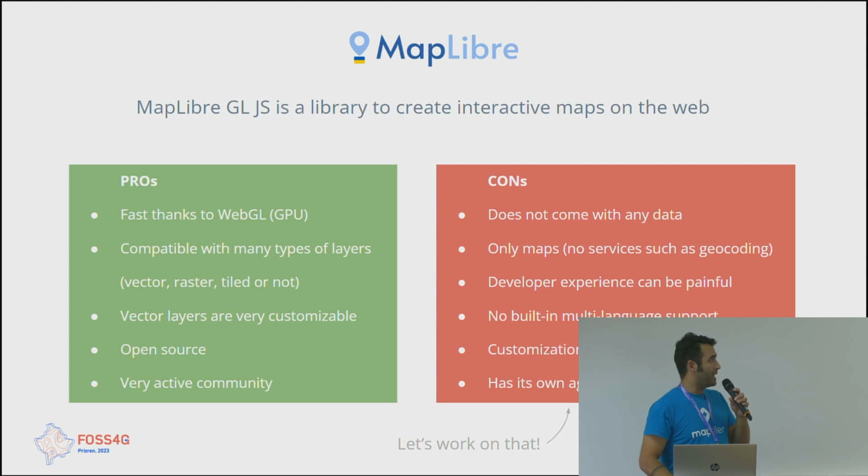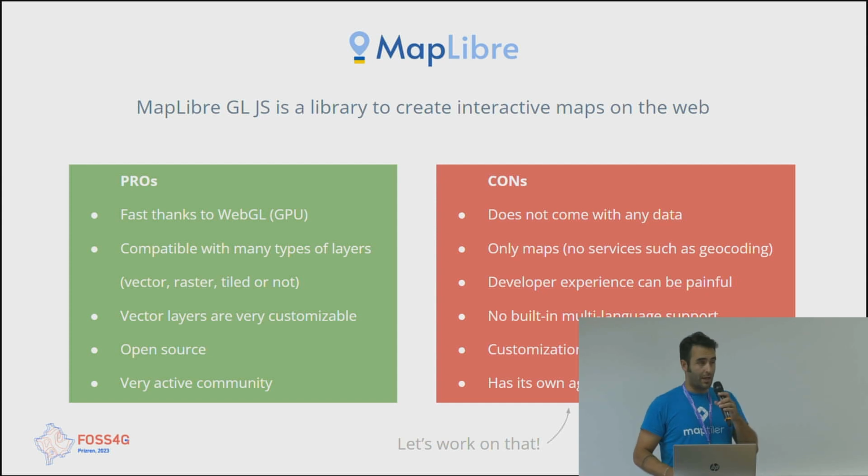It's compatible with many types of layers, so raster, vector, 3D models and stuff like that. The vector layers are highly customizable, so you can display things in all sorts of colors and all sorts of visual effects. It's open source and the community is very active.